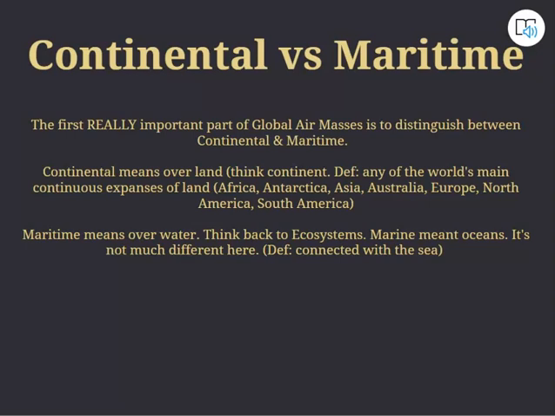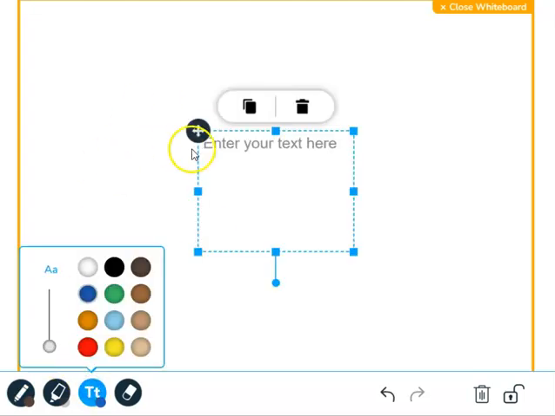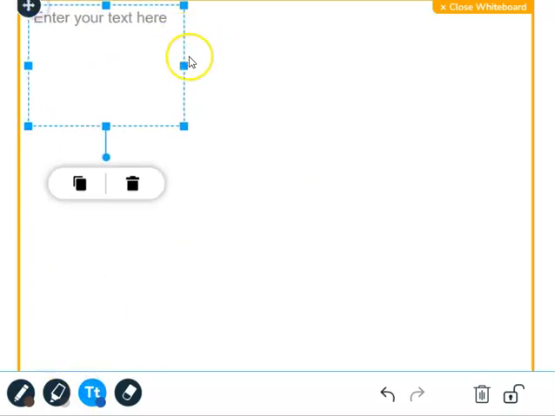Marine. And what was the marine biome? Water. So guess what maritime is related to? So anytime that we see the word maritime, we are going to put that down as water.